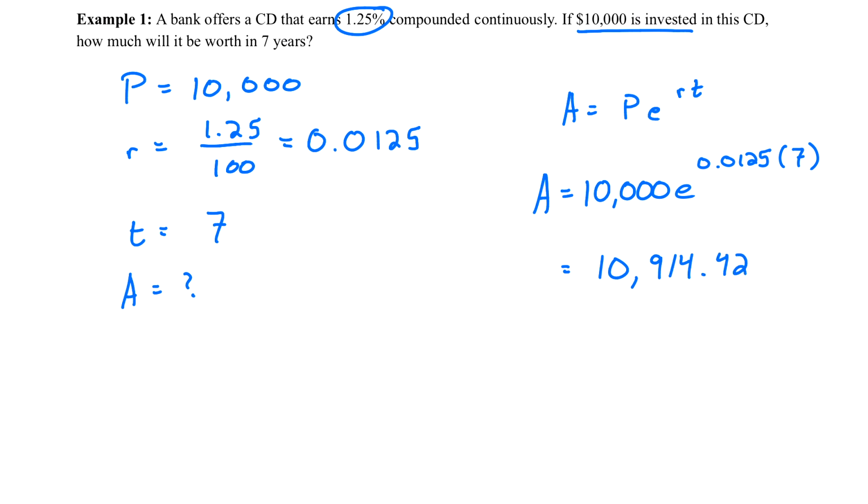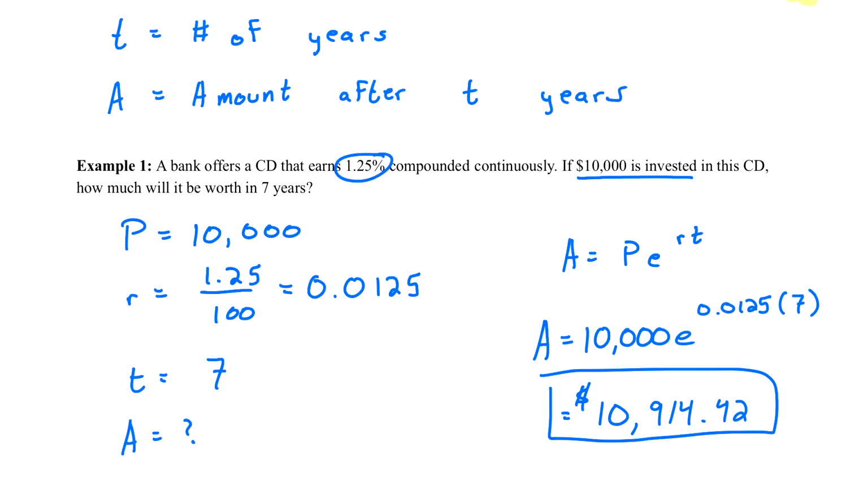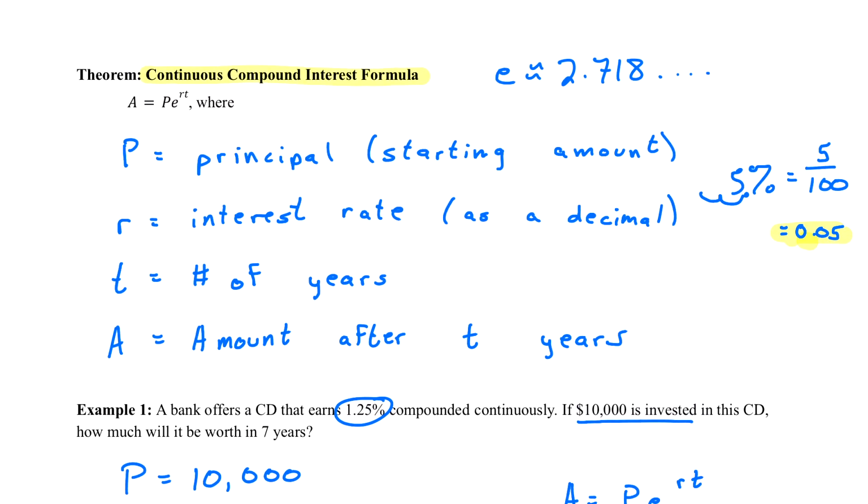We'll round to 2 decimal places since we're talking about dollars and cents here. So after 7 years, my account will be worth $10,914.42. That means that I've made just that $914.42 in interest.